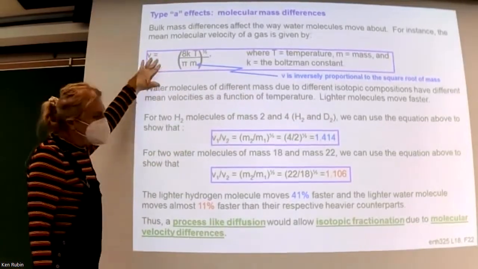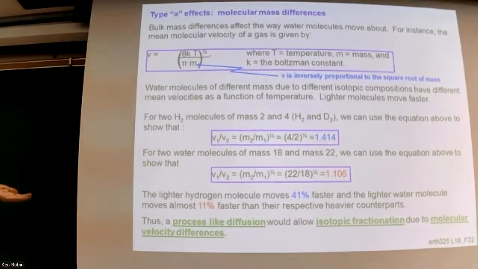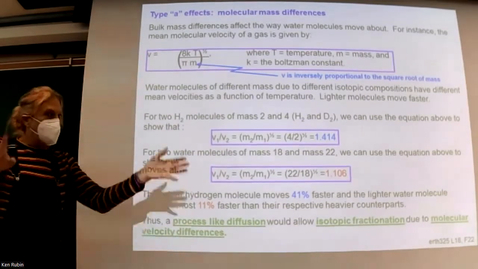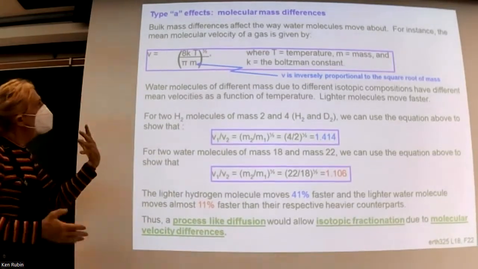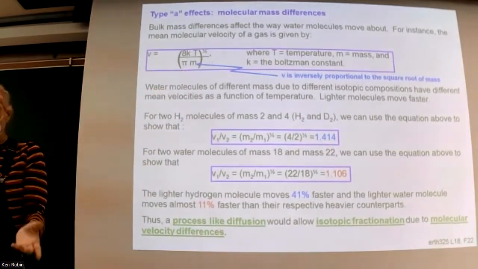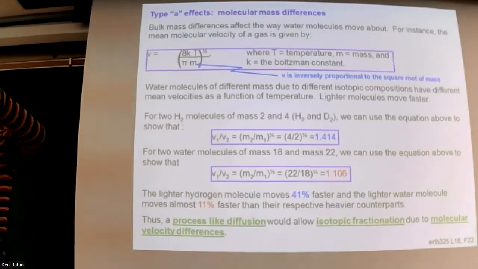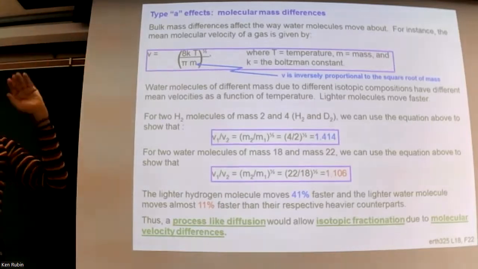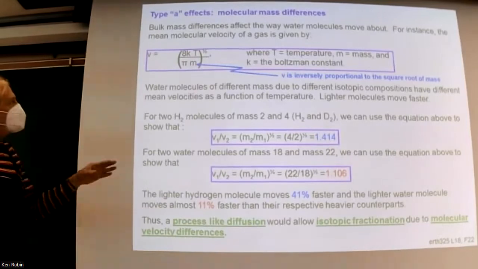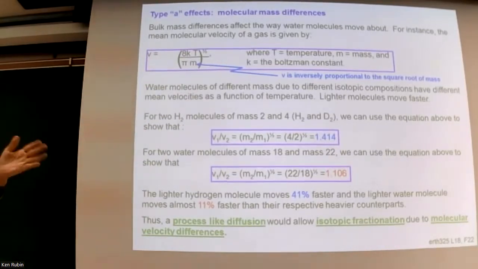You may have learned this in some physics classes, but you get a statistical distribution of velocities that kind of have a Gaussian distribution, and the peak velocity is described by this. You can imagine if you just have a bunch of gas molecules, they start out all with the same velocity and they start colliding with each other and colliding with the walls of a balloon or the room or whatever. Some of them are going to start moving a little bit faster, some of them a little bit slower. So this is kind of a simplification of what we think the mean velocity is.